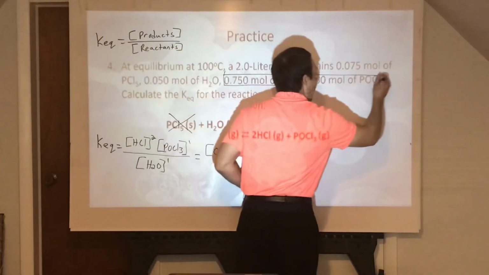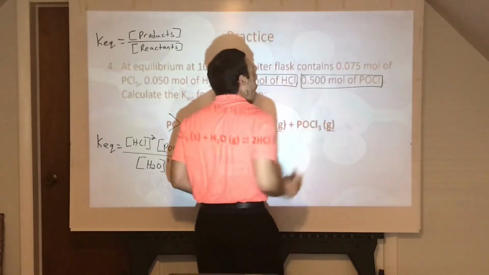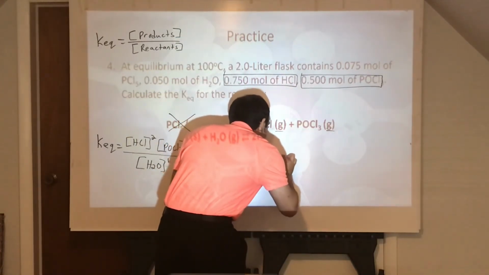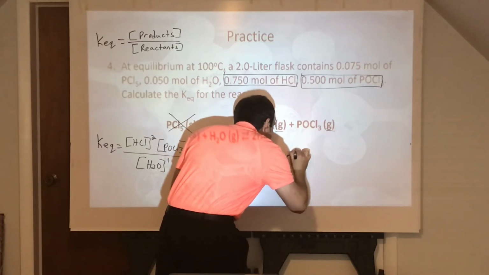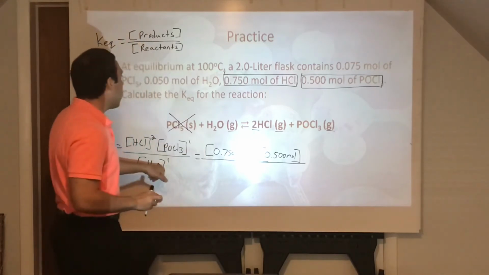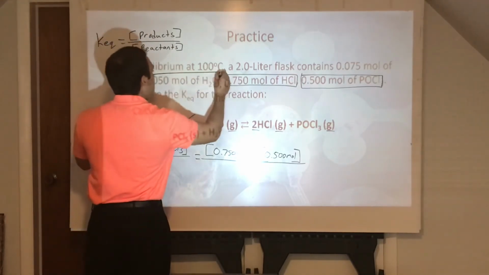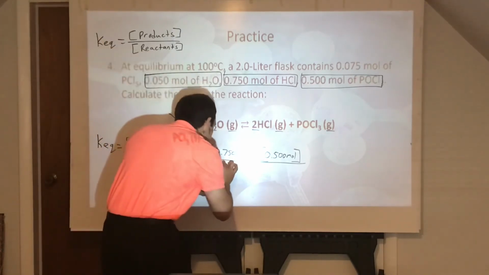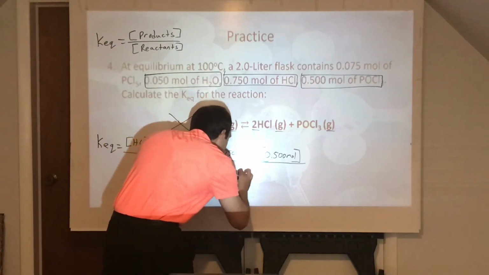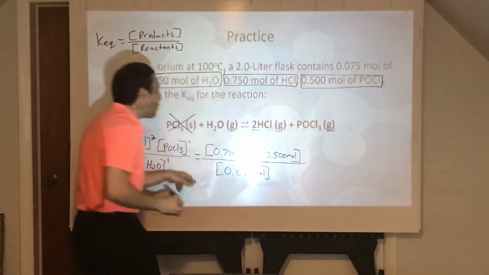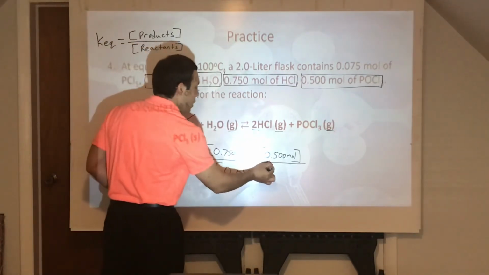So we have a half mole of POCl3, 0.500 moles, over H2O, we have 0.050. Once again, raised to the first power.